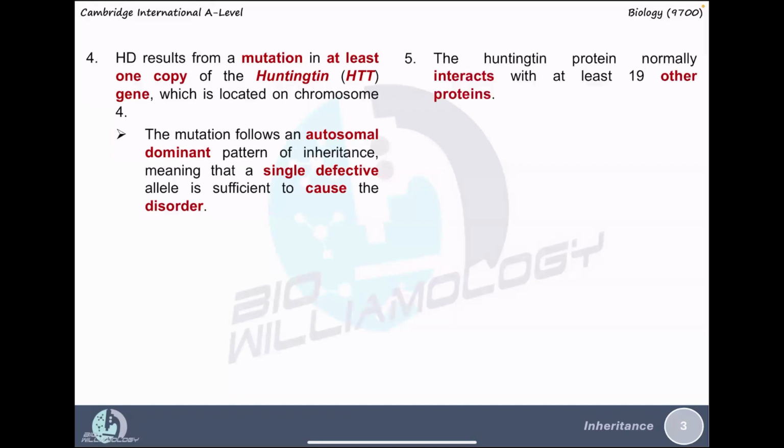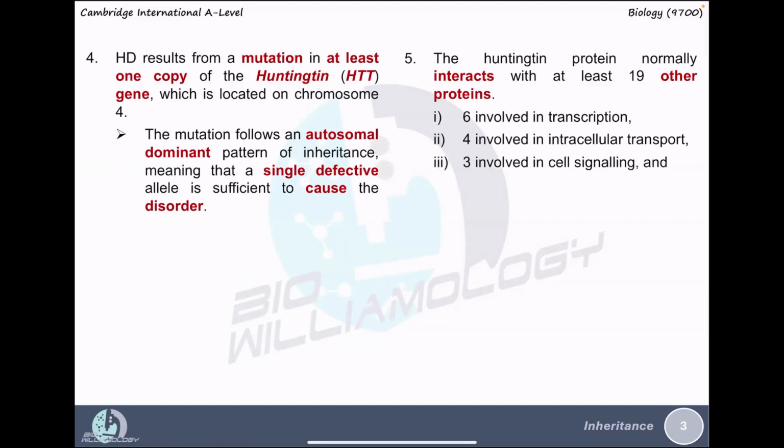The Huntington protein normally interacts with at least 19 other proteins, 6 involved in transcription, 4 involved in intracellular transport, 3 involved in cell signaling, and the remaining 6 where their functions remain unknown. So generally, Huntington protein is quite important to regulate cellular activities.